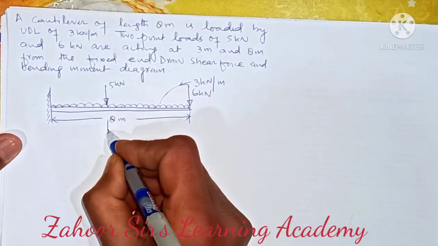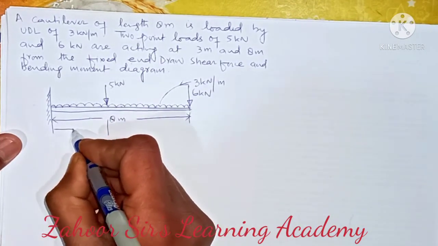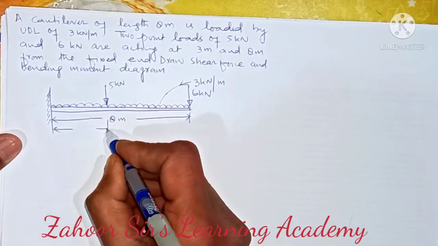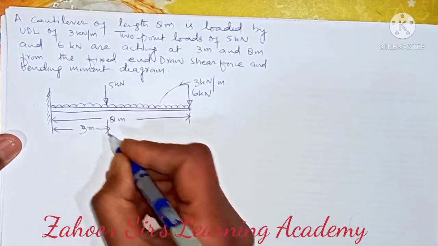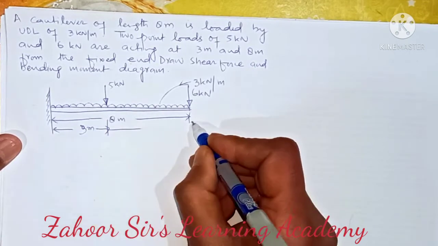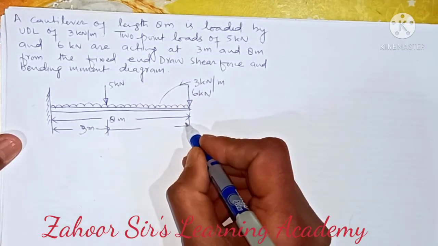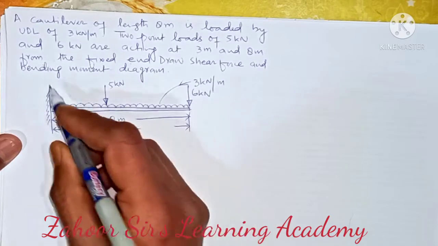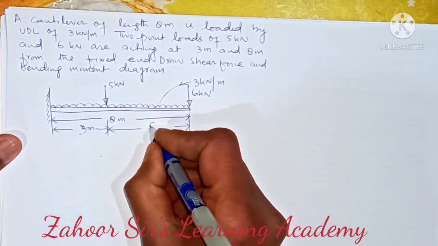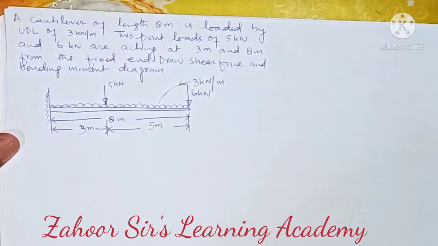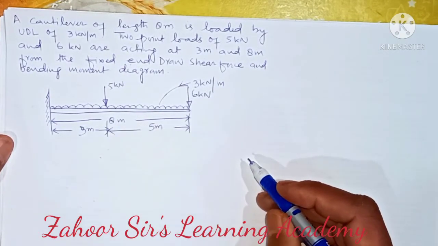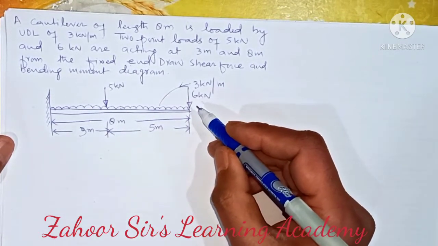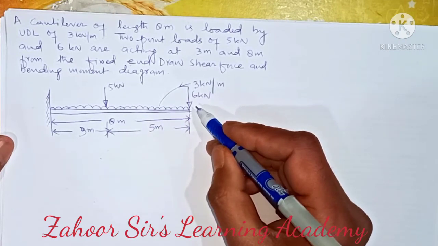They are at distances of 3 meter and 8 meter from the fixed end, that means at 5 meters from the free end. So this is the loading diagram which we need to draw first. Now we can go with the calculations.